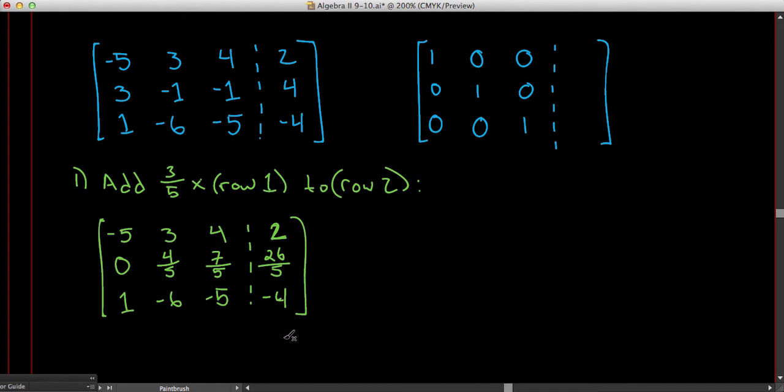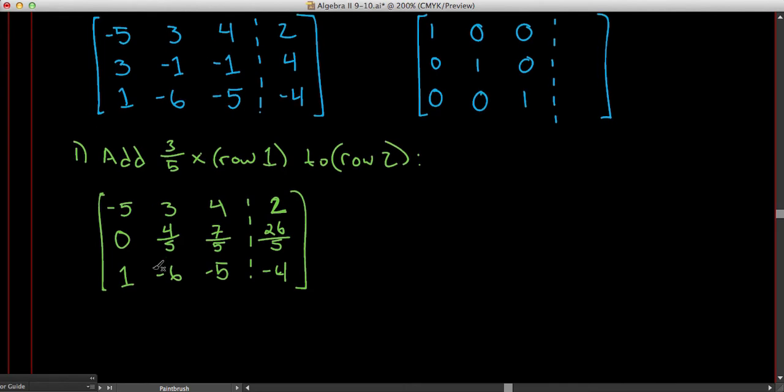Okay, so the next thing that I'm going to do is clean up this second row a little bit. I'm going to multiply that whole row by 5 to eliminate all of those messy denominators. So if I do that, I can write that here. So second operation, multiply 5 by row 2.